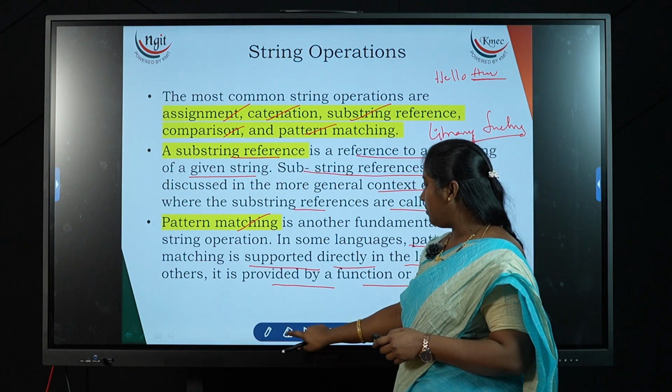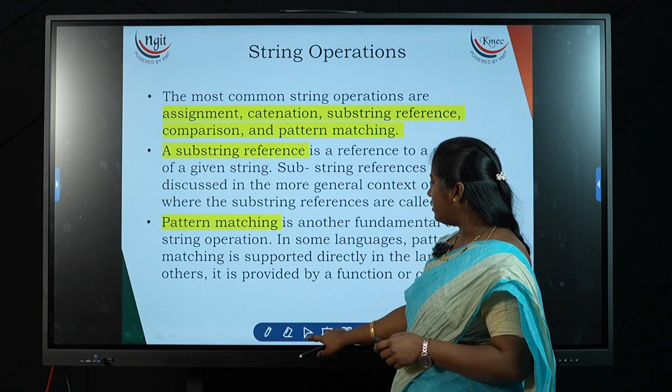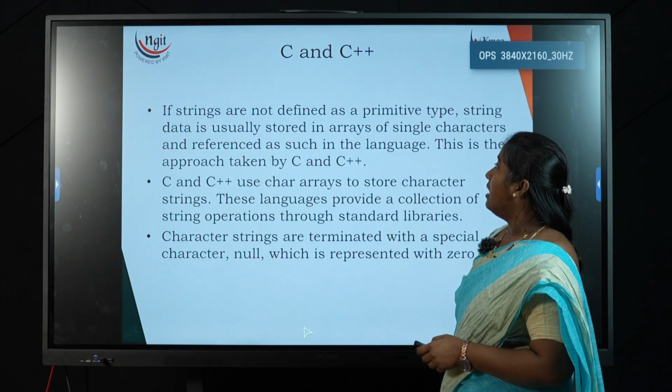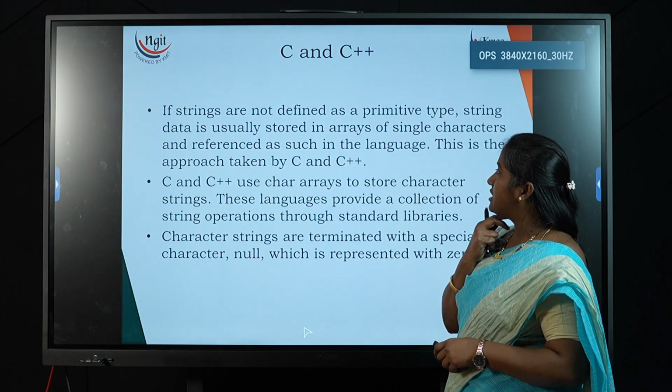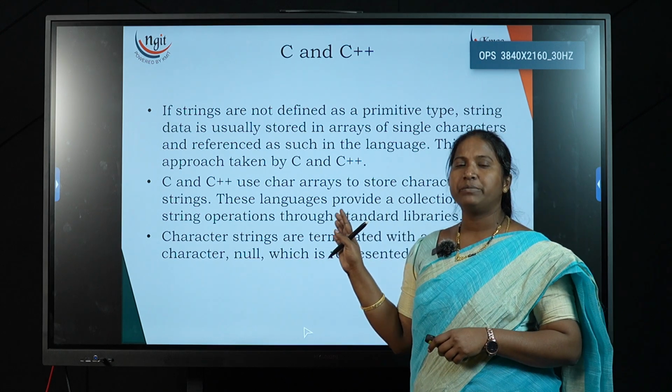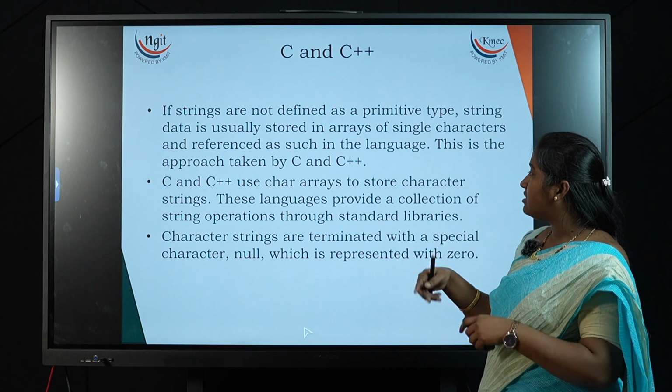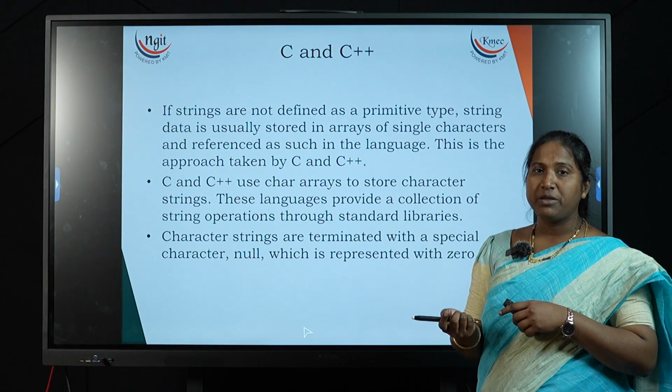That is the basic meaning of pattern matching, and it has real-time applications where you can use it. And coming to C and C++, I have given some examples so that you can find here which sort of operations the languages perform.